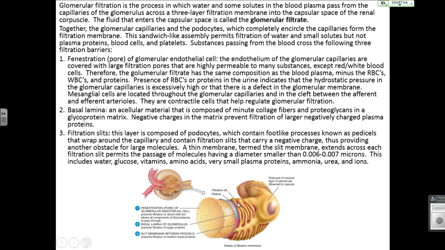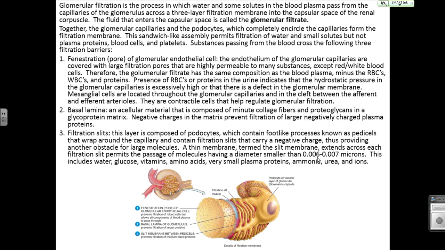Spanning across that is a slit membrane. It is basically another drain or strainer that only allows things this tiny, 0.006 to 0.007 microns. That's basically nothing. That's so small, almost nothing.